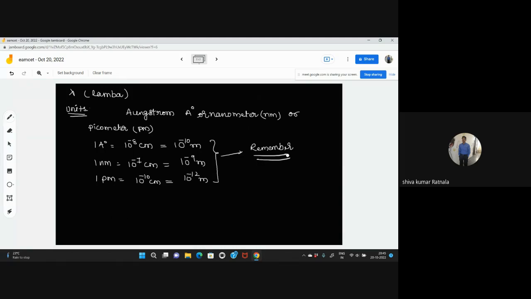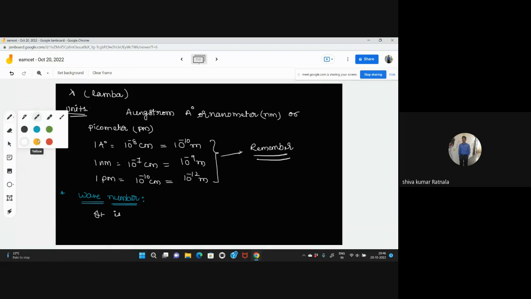Okay, next one is wave number. Wave number is the reciprocal of wavelength.